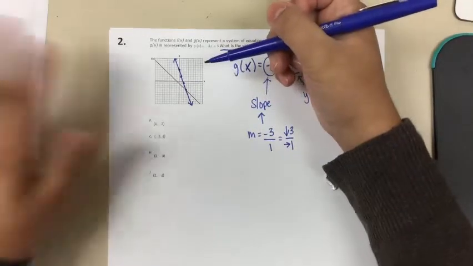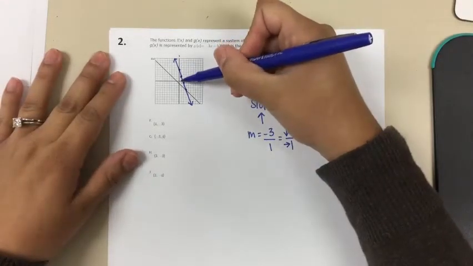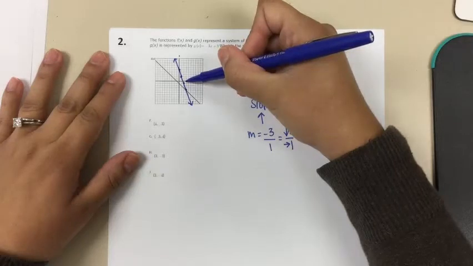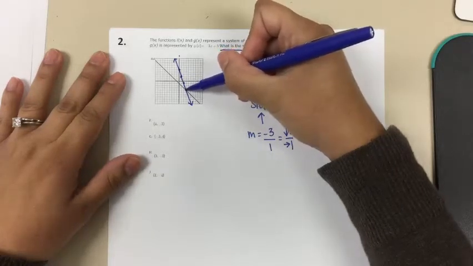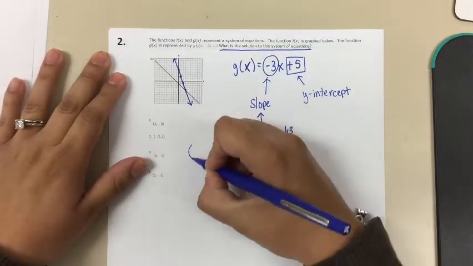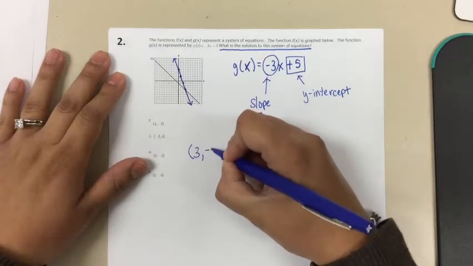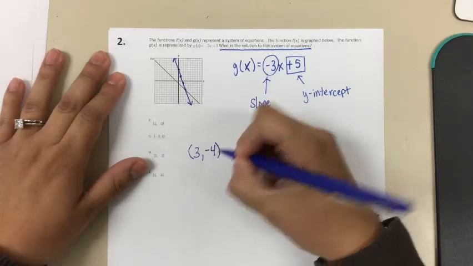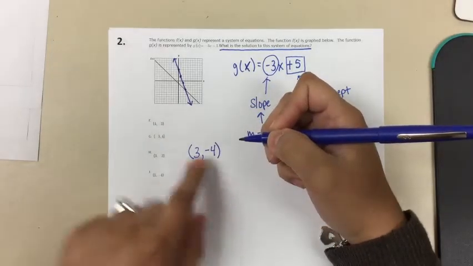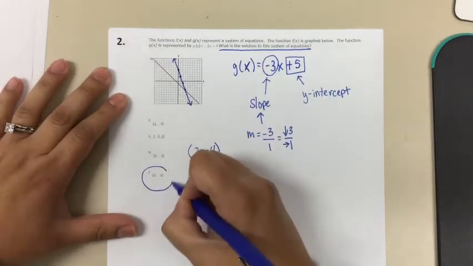So now we just have to figure out what that point is. So we're going to go 1, 2, 3 to the right, 1, 2, 3, 4 down. So if we're going 3 to the right in the x direction and 4 down, so it's in the negative direction for the y, 3, negative 4 is going to be your answer, and that was J.